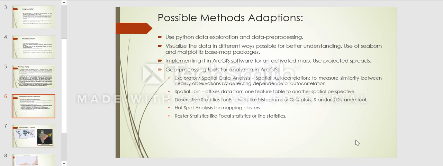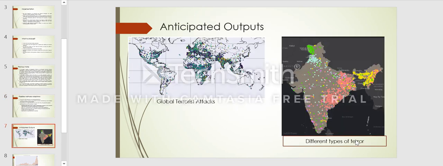A couple of outputs that I am anticipating from the project: a global terrorist attack graph, which would showcase how many terrorist attacks have happened over the world. And since we would also be focusing on India, a more in-depth map of India with the different types of terror.